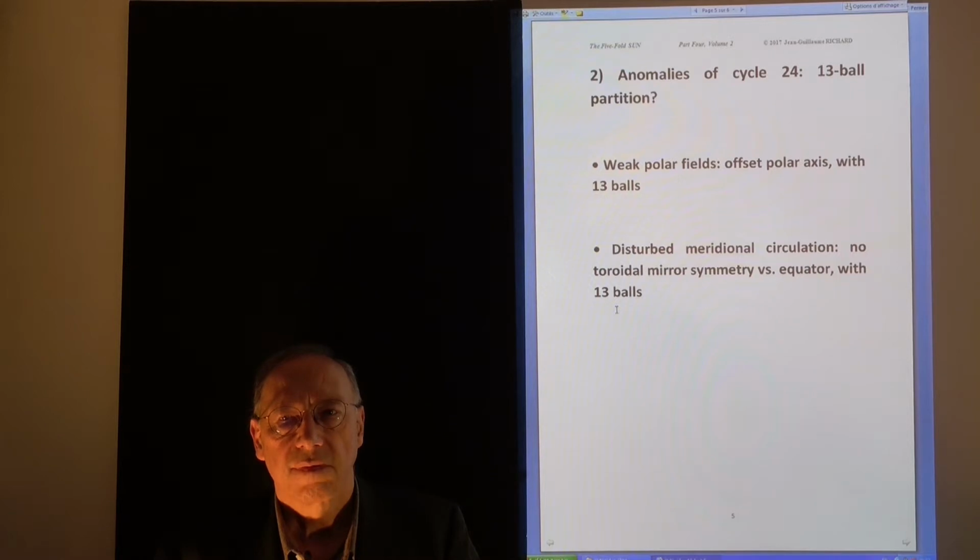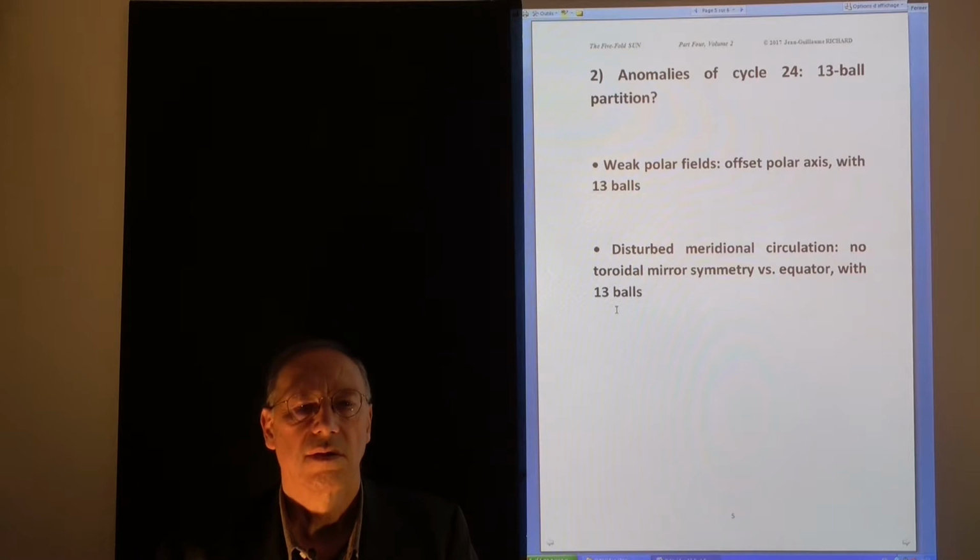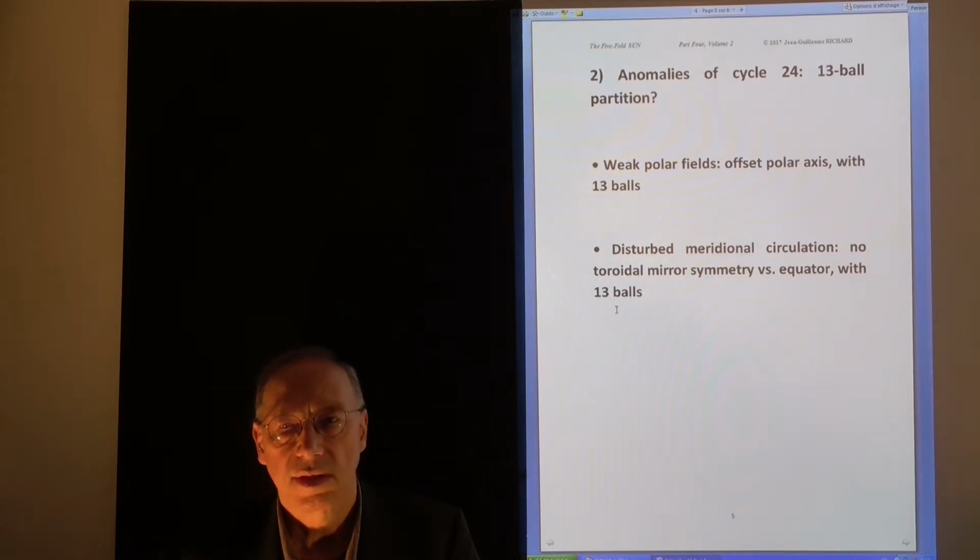In the case of the recent cycle number 24, which unfolded from 1996 to 2008, we can contemplate the possibility of a 13-ball partition because this cycle lasted 169 rigid rotations, the root of 169 being 13.